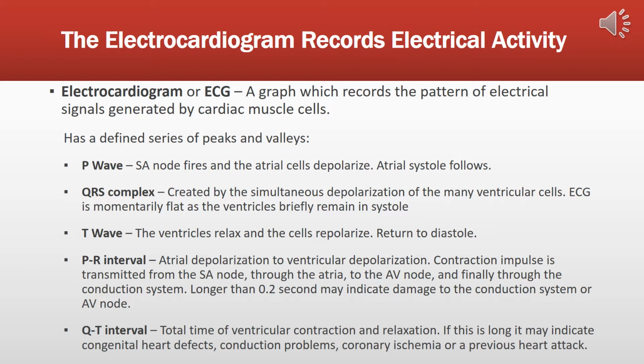If the PR interval happens over a period of longer than 0.2 seconds, this may indicate damage to the conduction system of the AV node. And then the QT interval is the total time of ventricular contraction and relaxation. If this is a long interval, it may indicate congenital heart defects, conduction problems, coronary ischemia, I'm sorry I probably just butchered that word, or a previous heart attack.